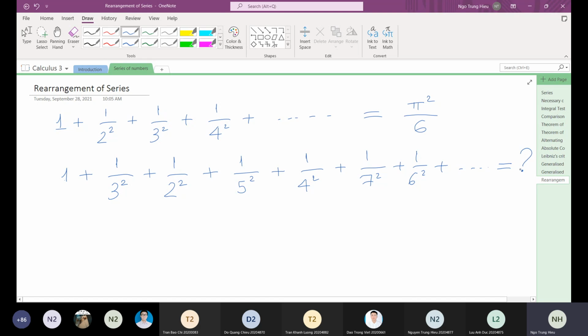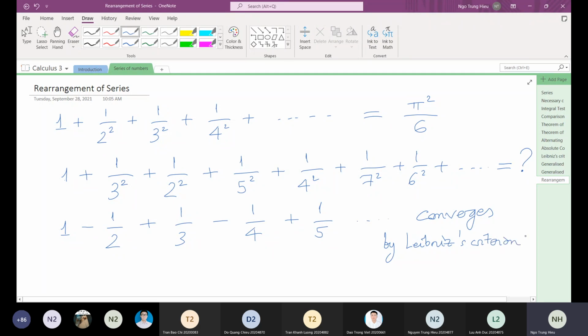How about this? We know that 1 minus 1/2 plus 1/3 minus 1/4 plus 1/5. So this series converges by the Leibniz criterion, the alternating harmonic series we did before.